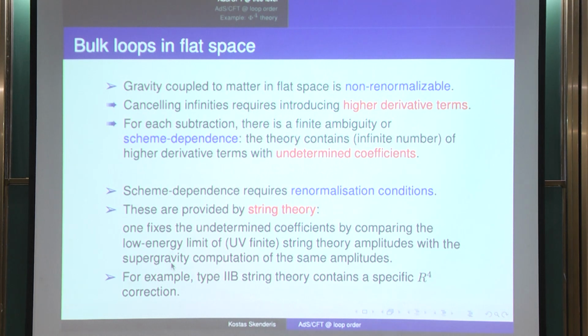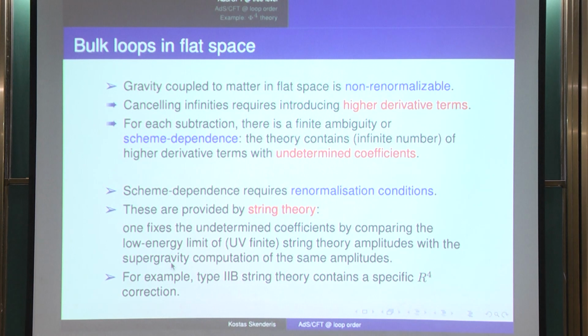Then you take the low energy limit, and the string theory amplitude reduces to the field theory amplitudes plus amplitudes for high derivative terms, but with very specific coefficients that all come from the specific UV completion. That's exactly how you fix these undetermined coefficients. So you do one computation in string theory, it gives you this infinite number of coefficients, and then you fix them, and you have a predictive framework.